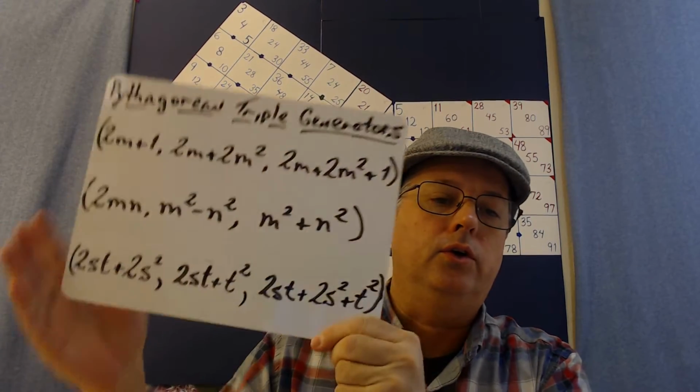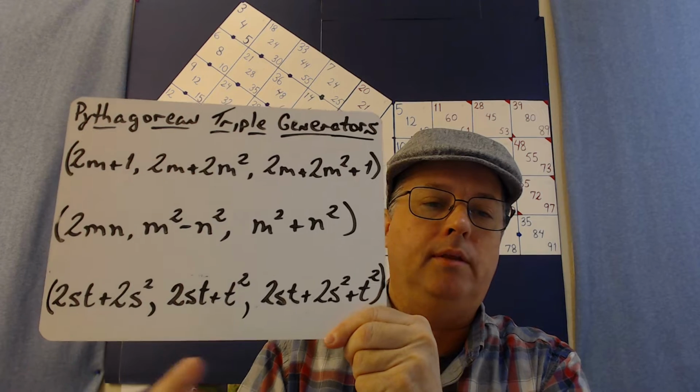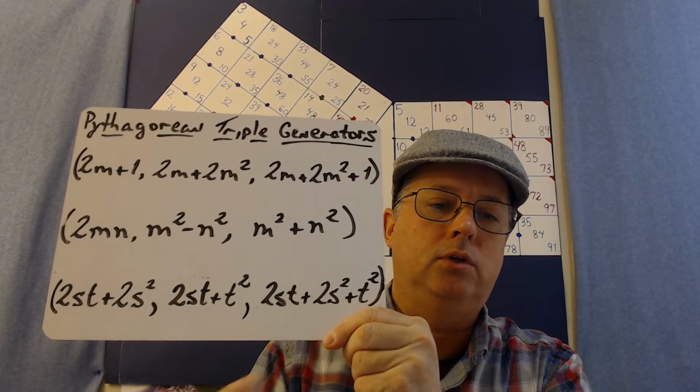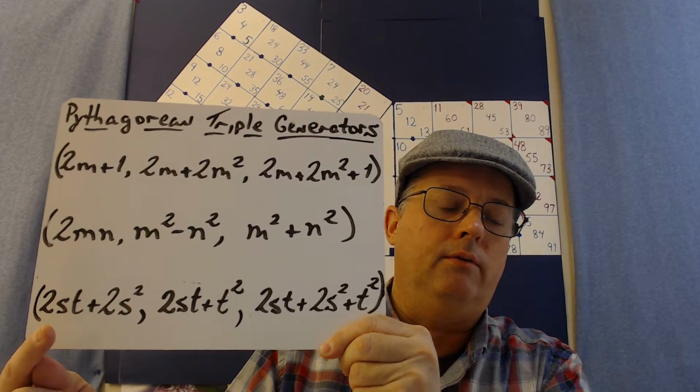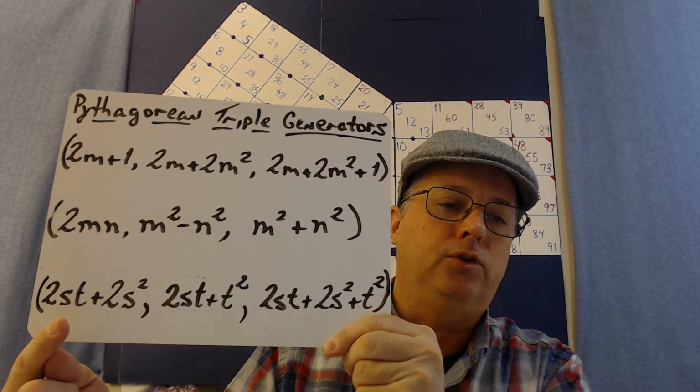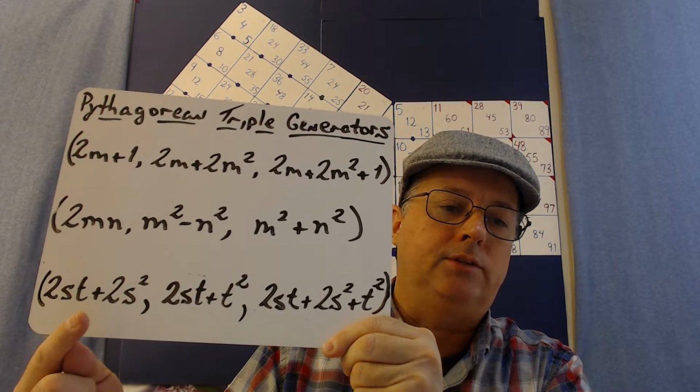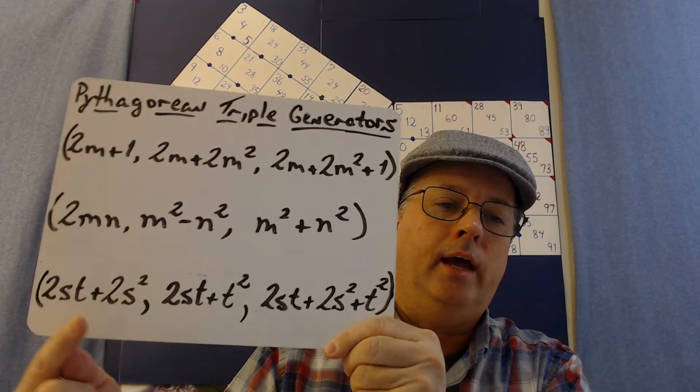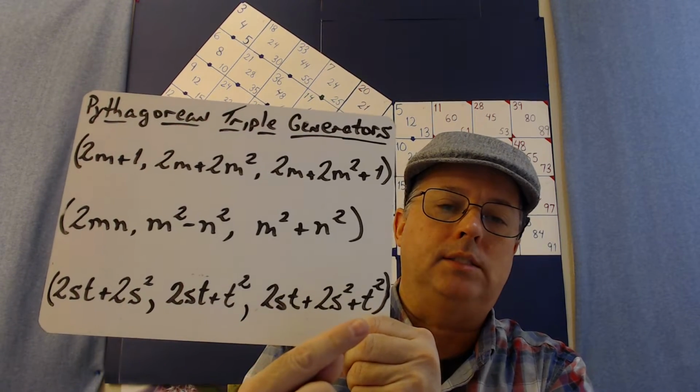But now, in this third formula that generates Pythagorean triples, you'll notice that we have a basis of two values, an s value and a t value, and notice that they're all pluses.